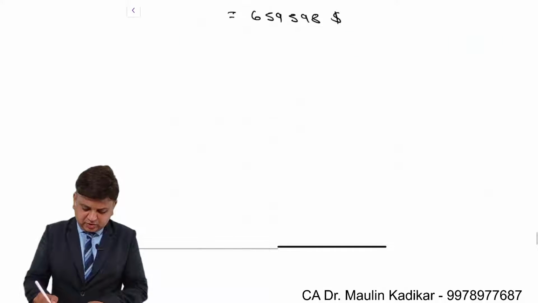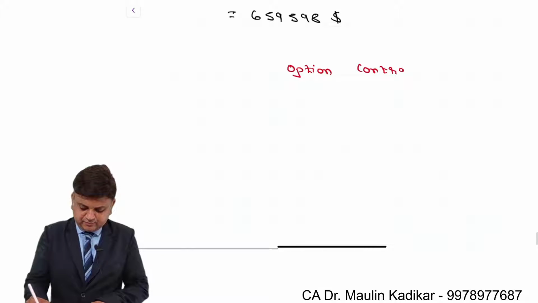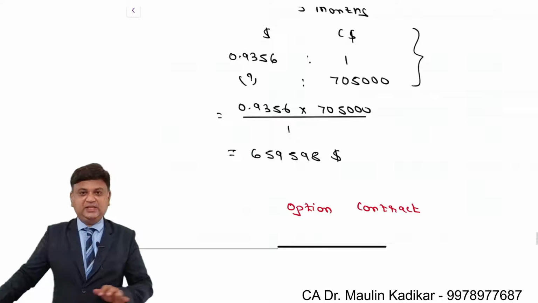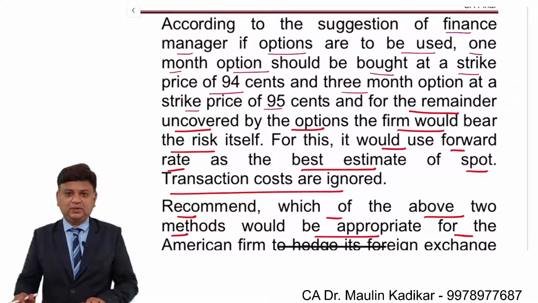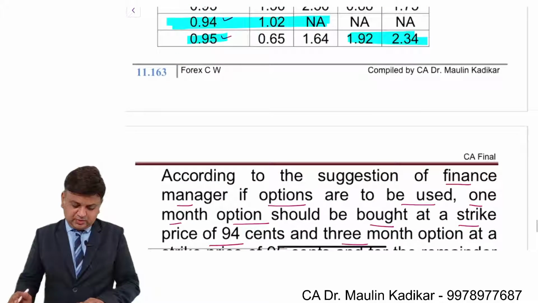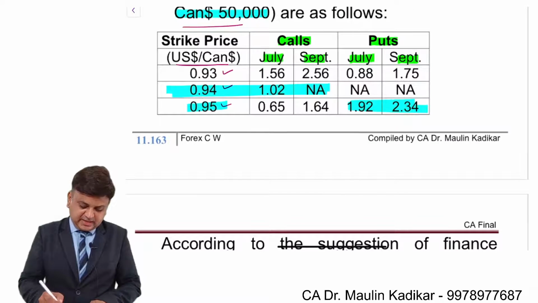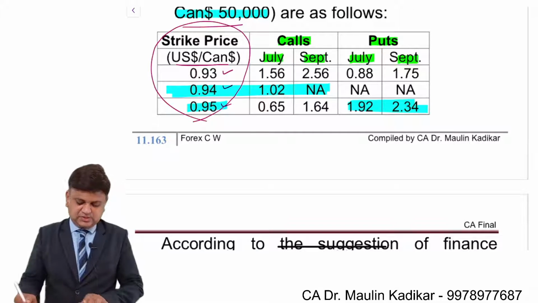Now we are entering into the option market hedge. So the second one is the option contract. Let us understand how to calculate the answer in case of an option contract. Friends, importantly, there are three exercise prices given to us.